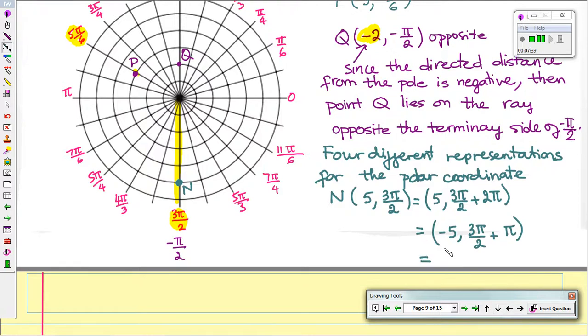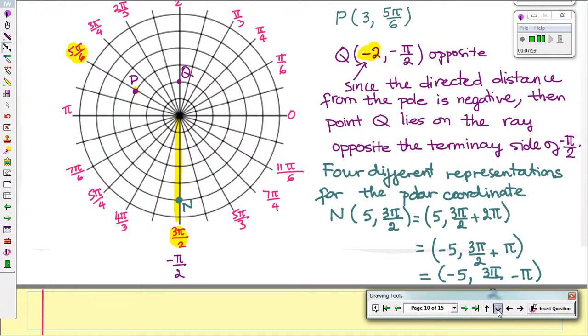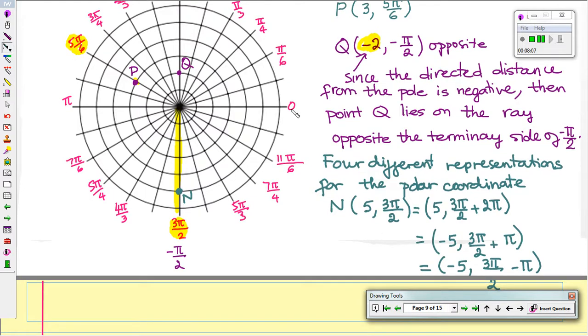How about we do one more? How about the point negative 5, 3 pi over 2 minus pi. So look here. You are going to start at 0 radian. You go counterclockwise until you end up at 3 pi over 2. And then you go clockwise.